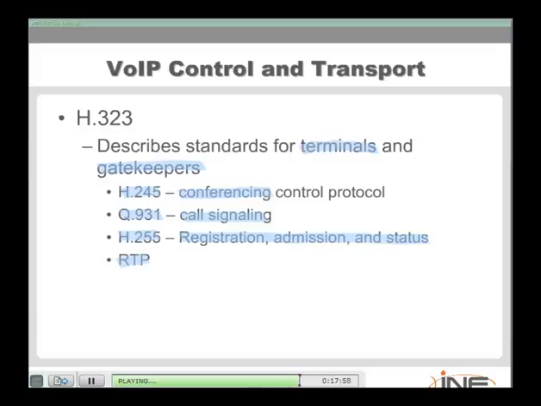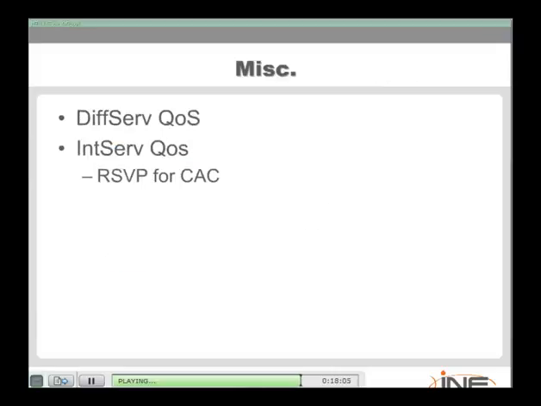The other big reminder that I have for you when it comes to voice over IP is we've got to remember how important quality of service is. And that's because quality of service is really, really needed in the voice over IP environments.